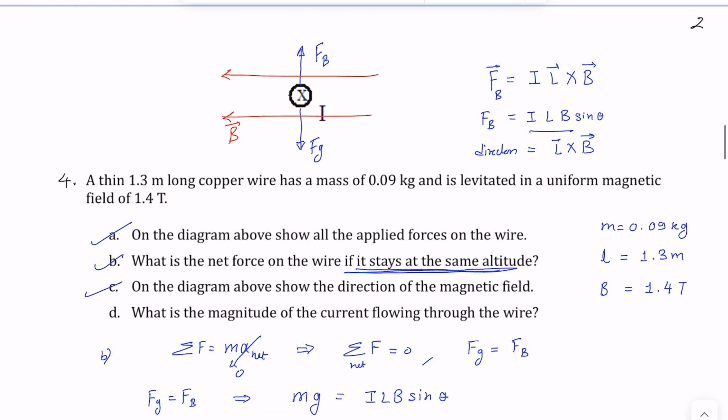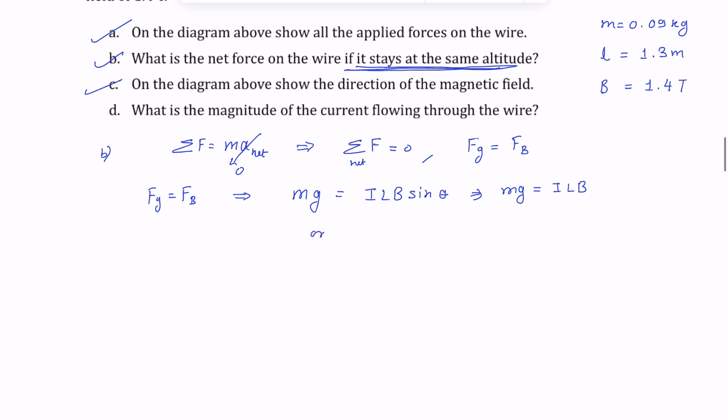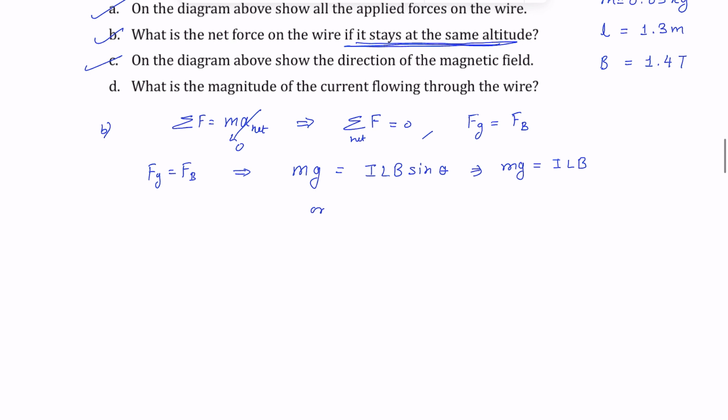Now as you can see, the angle between the current that's going into the page and the magnetic field is 90 degrees. That means sine 90 equals 1, and I just have mg equals ILB. Or if I divide both sides by LB, I get I equals mg over LB.